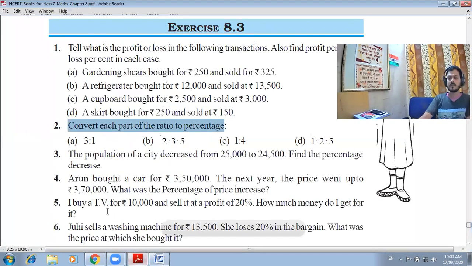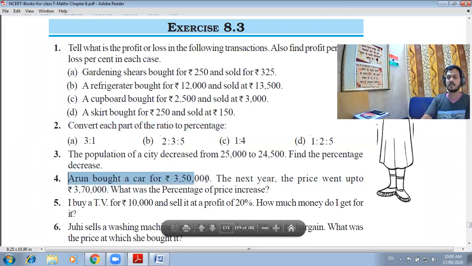Okay, move to the next one. Arun bought a car for rupees 3,50,000. The next year, the price went up to 3,70,000. What was the percentage of price increase? Question fourth is the inverse of question third. Why?